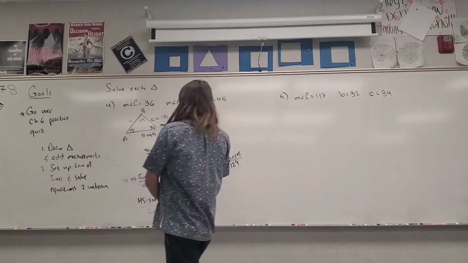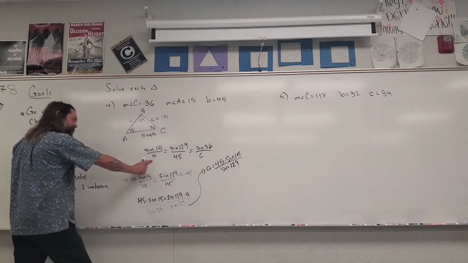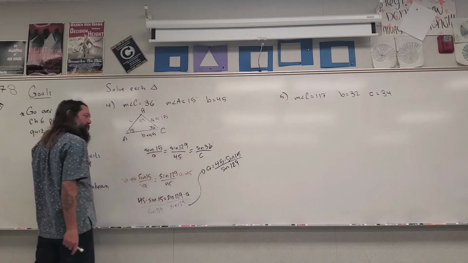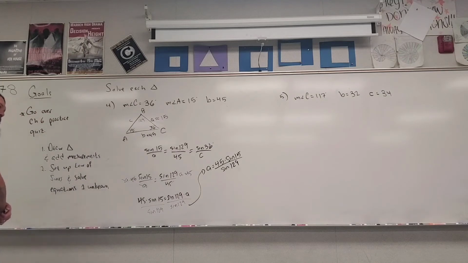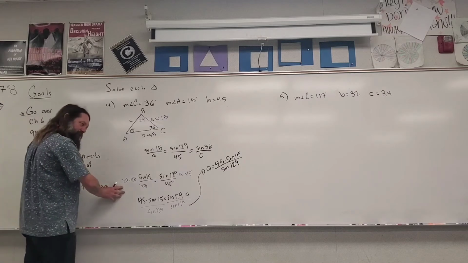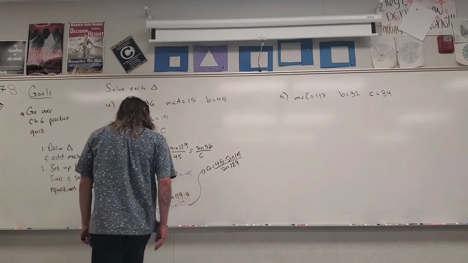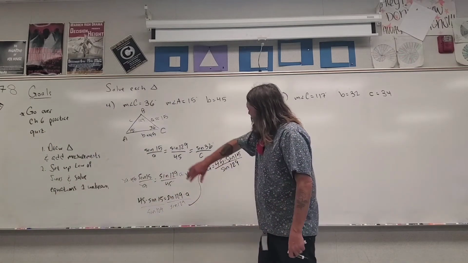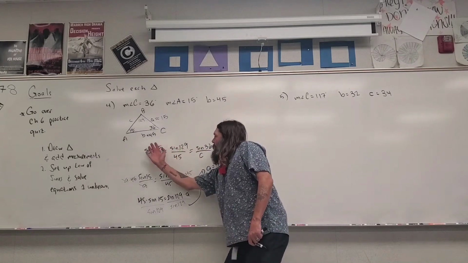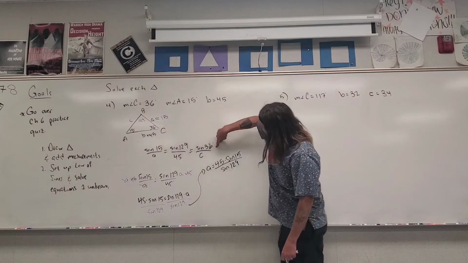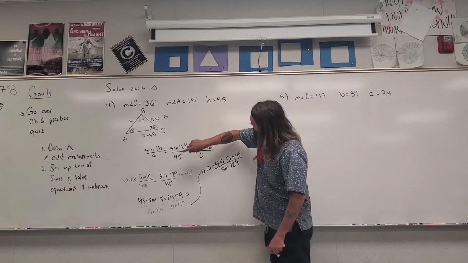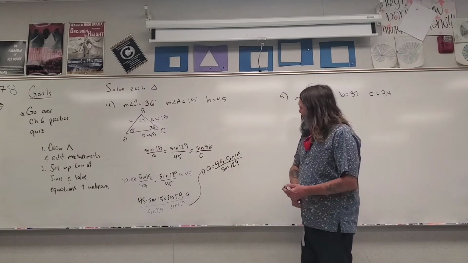Now, notice that A and C are in the same location of the problem, so the steps used to solve for A would be the same steps used to solve for C. If we covered that up, we would multiply, so the C would move over here, the 45 would move over here, and then we would divide away the sine of 129.